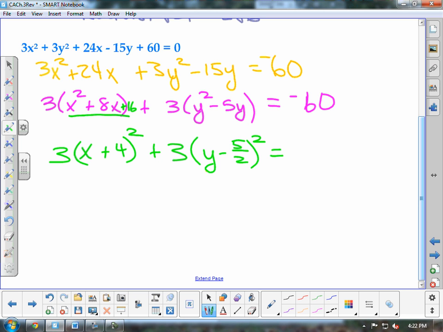Here you have to add 16, which 3 times 16 is 48. And here 5 halves would be 25 fourths, and 3 times 25 fourths would be plus 75 over 4.